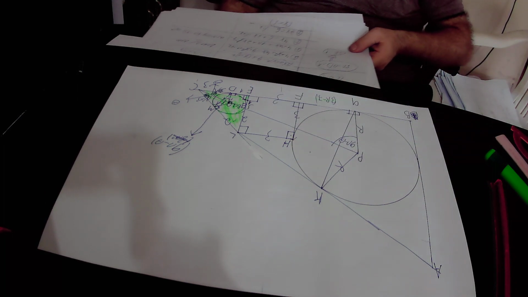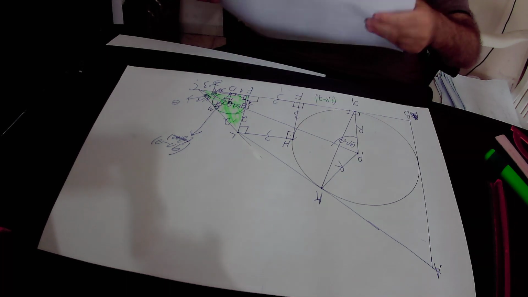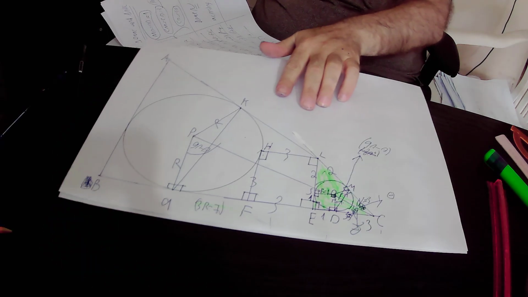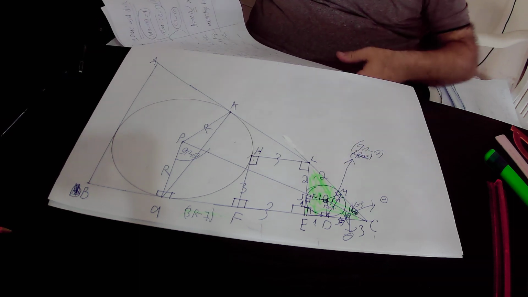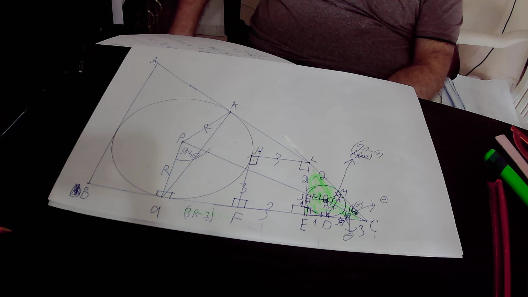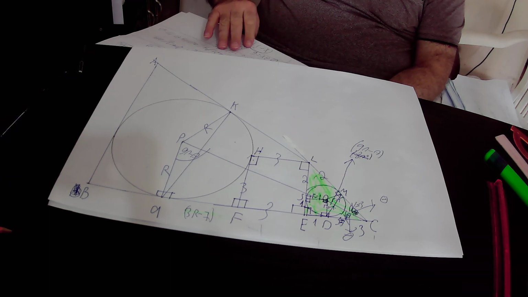Then we actually used the 3 rules in order to prove that the small quadrilateral SOED is a rectangle. And we know that the opposite sides of a rectangle are equal to each other.